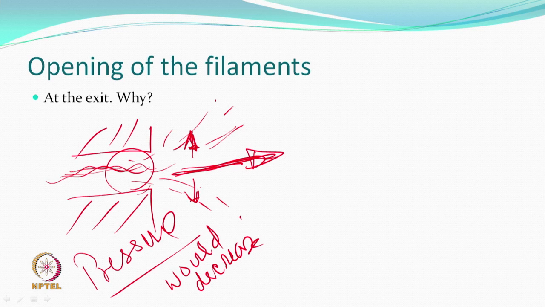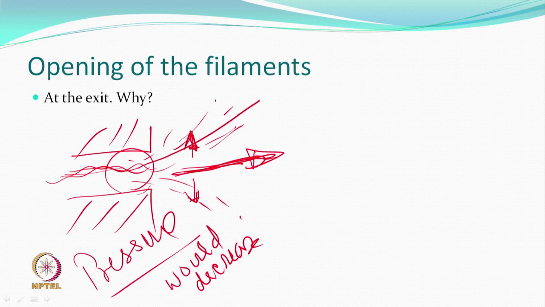Now, this type of force, if it is available, then there is a reason for us to believe that the filaments can open. One filament can go like this, the other filament can go like that, the other can go based on the resultant force that they experience at the exit. So, exit. Why could it happen?